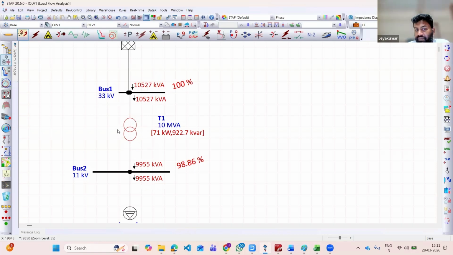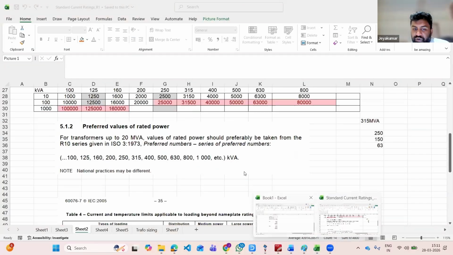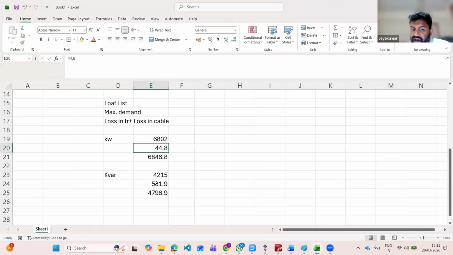What we are capable of is 10, and what you are looking at is 10.5. That means while sizing the transformer, you should not only look for the load, you should also add the losses.